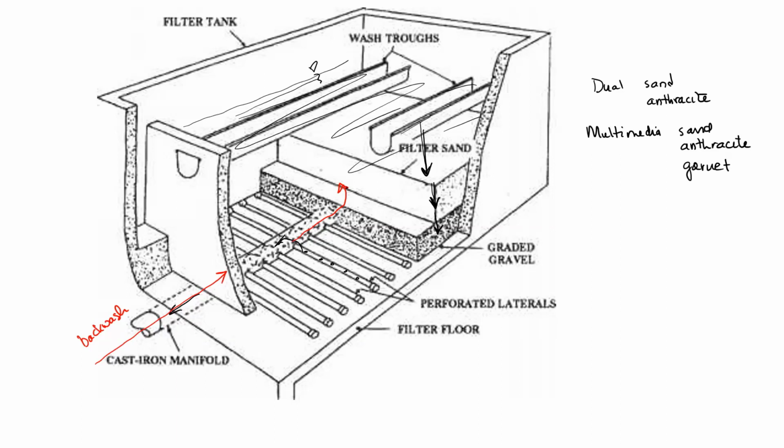There's void space between these particles. We dislodge that material that's collected, and the backwash water then flows into our water troughs, and then can be collected for further treatment or disposal, depending on the facility.